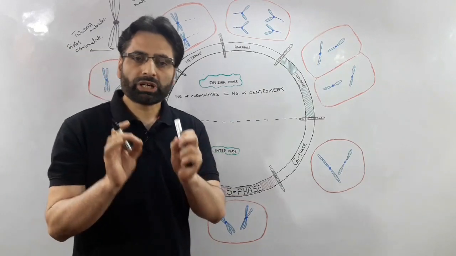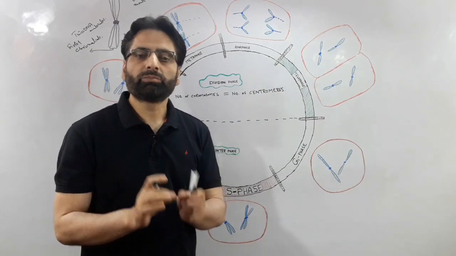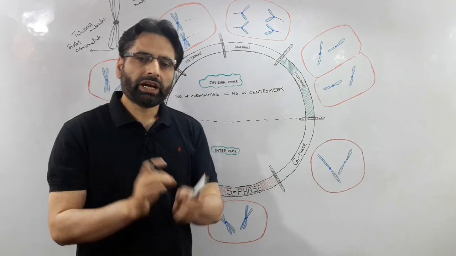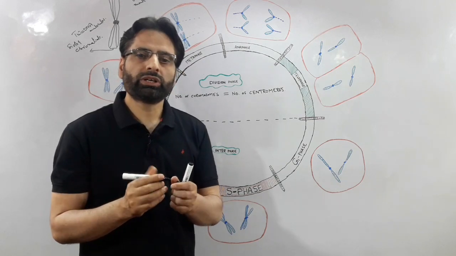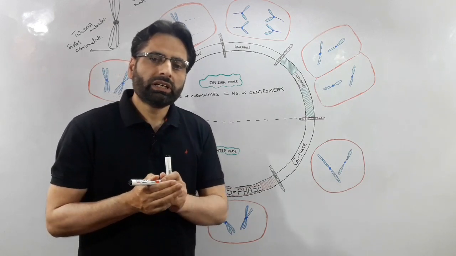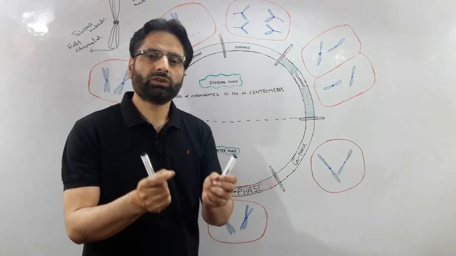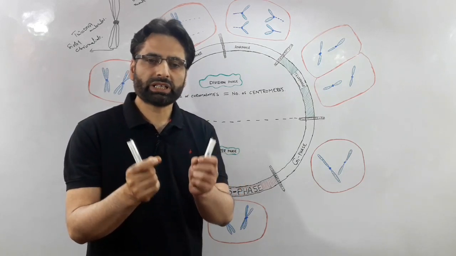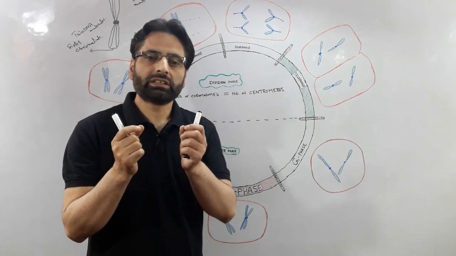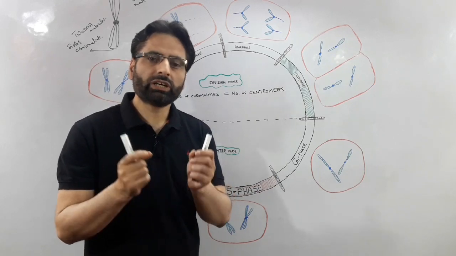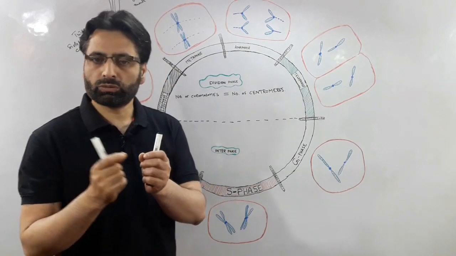So number of chromosomes is equal to number of centromeres, and number of DNA molecules can be counted by whether a chromatid is present or not. If chromatids are present, then it means the DNA is duplicated and we have two DNA molecules in a chromosome.